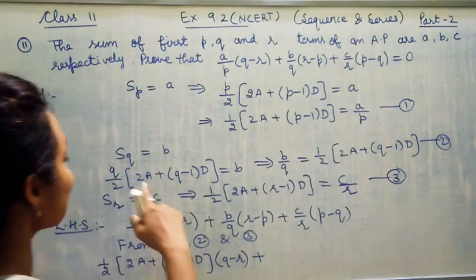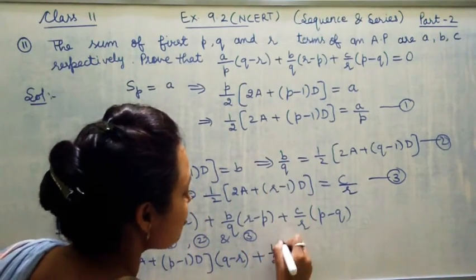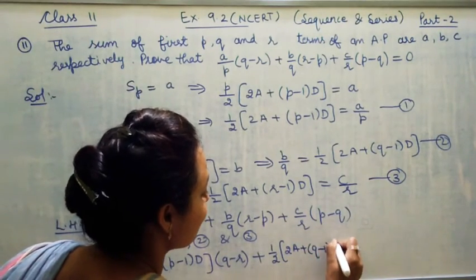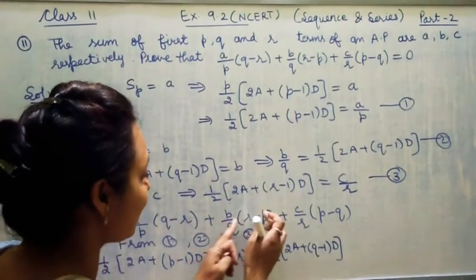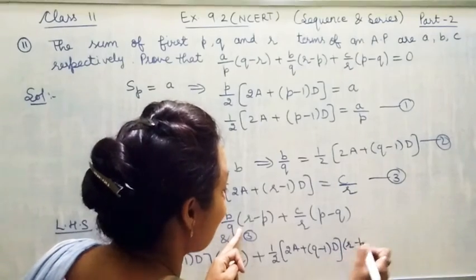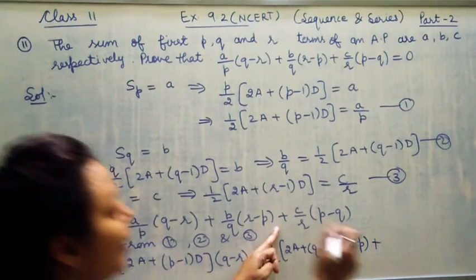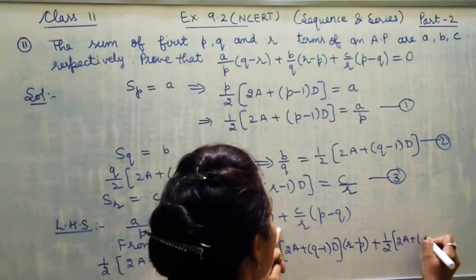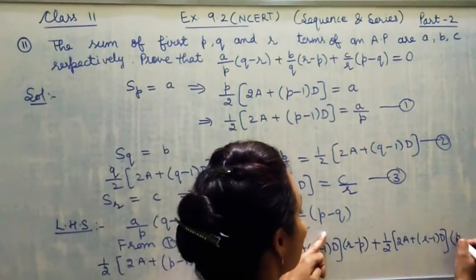This b by q is half of 2 times a plus (q minus 1) into d, and along with this is b by q's term, (r minus p), plus c by r. What is the value of c by r? Half of 2 times a plus (r minus 1) into d, and along with it (p minus q).